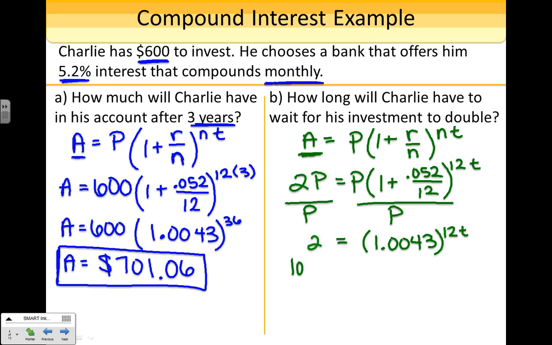So log base 1.0043 of 2 equals 12 times t. Okay. So if your calculator can do logs with different bases, you can just plug in log base 1.0043 of 2 and see what you get. I need to do the change of base formula.